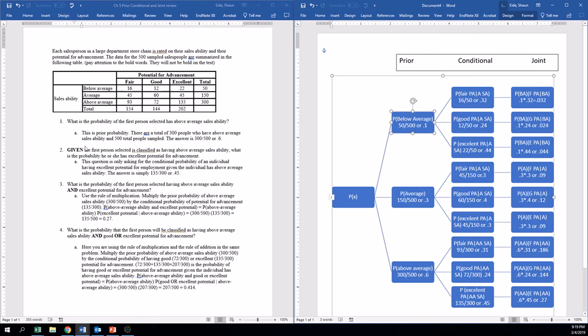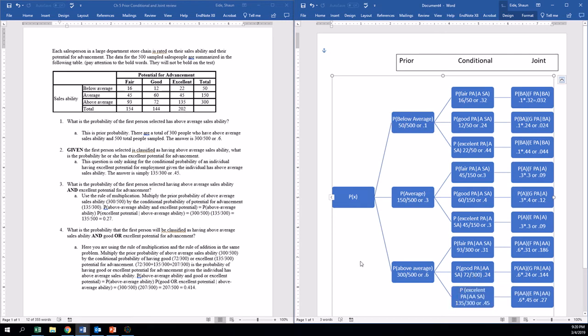The next question, this little word right here that says given. Given means I want you to find the conditional probability. So given the first person selected is classified as having above average sales ability, that means that we are only looking at the individuals who have above average sales ability. Out of these individuals, what is the probability that he or she will have excellent potential for advancement? So out of these 300 people right here, what is the probability that an individual will have excellent potential for advancement?